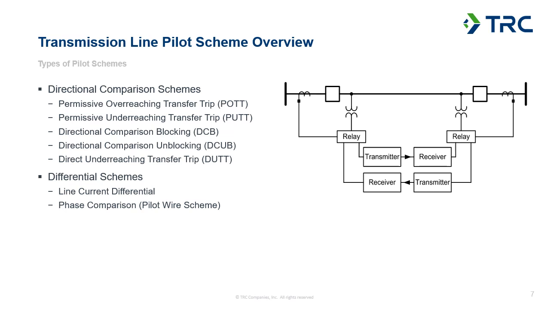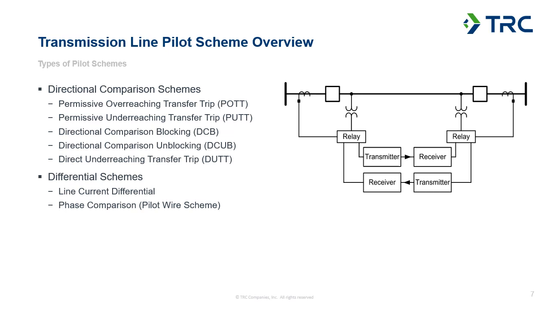The other main type of pilot scheme is a differential scheme, and there's a couple varieties of this. There's a phase comparison scheme, which is an older technology that really isn't widely used anymore. And really, the ones we're seeing these days is a true line current differential scheme where both relays are measuring currents into their terminals, and then they're actually sending those real-time values of the measured current to the remote terminal.